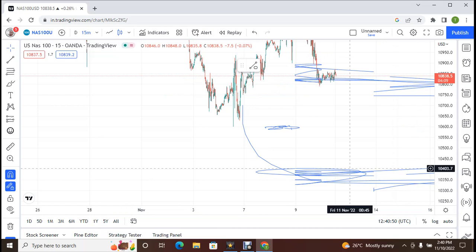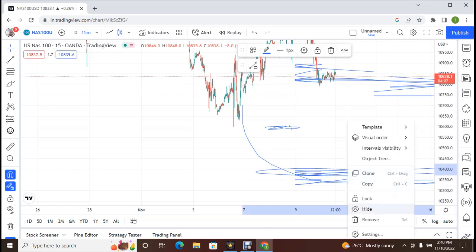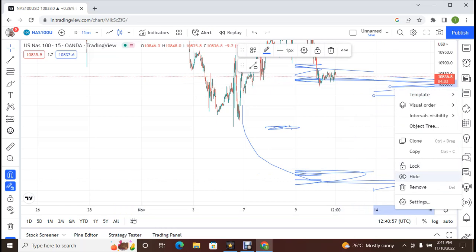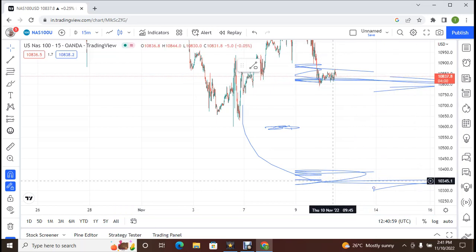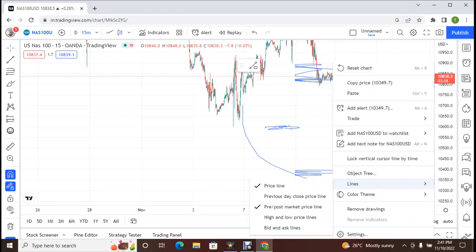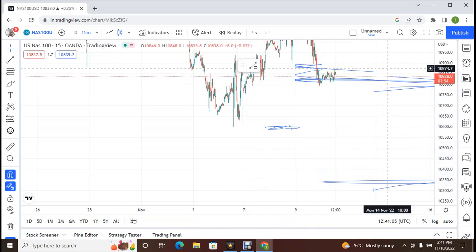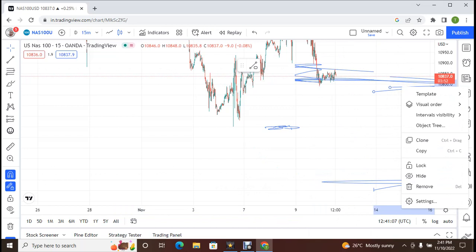Check for your entry on a smaller time frame, having seen the overall direction, the weekly direction or daily direction on the bigger time frame, like let's say a weekly.